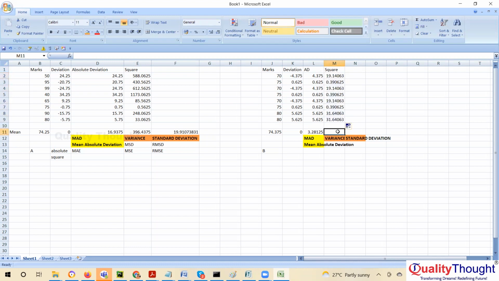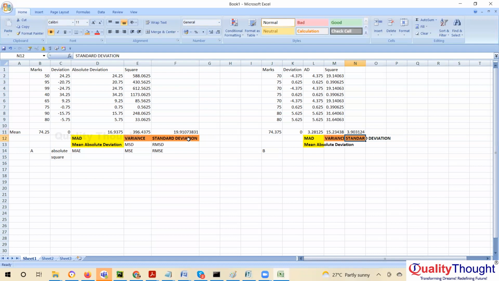So the average of this is your variance. Variance is 15 and the square root of variance is your standard deviation, 3.9. So see, it is 3.9, and it is 19.9.